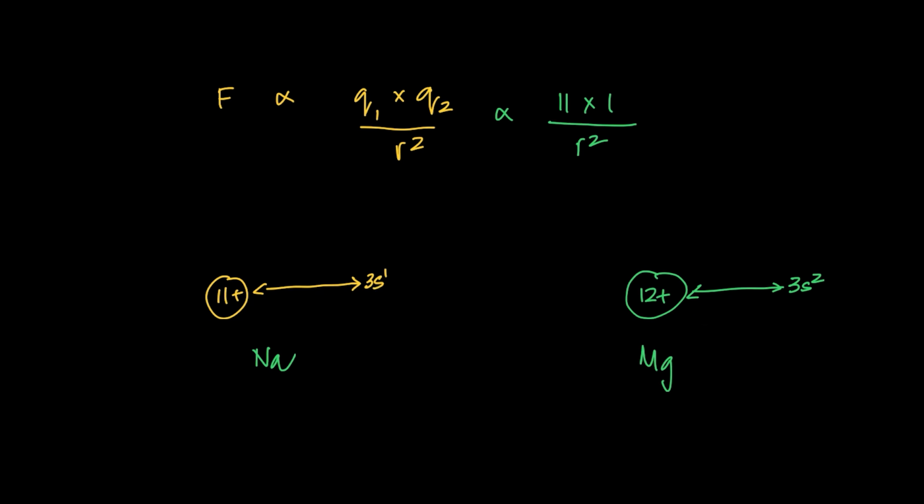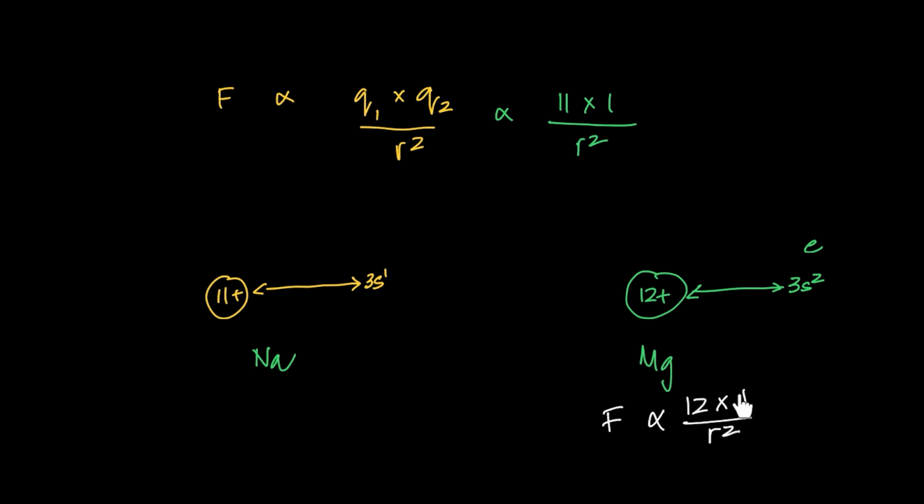Why? Because although it's 3s2, for each individual electron, the force of attraction, the pull by the nucleus, will be 12 times stronger. So the force on magnesium's outermost electron will be 12 times 1 over r squared. Imagining the distance is the same, whose force of attraction will be greater?